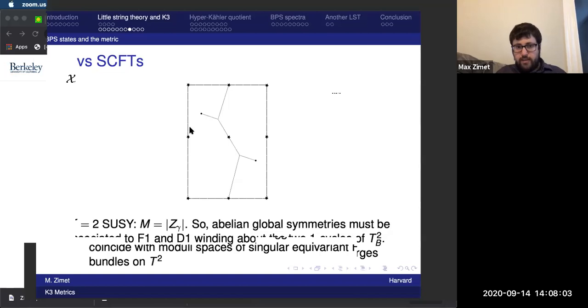But already we'll see this interesting fact where we get a whole bunch of towers of these CFT spectra, because I can end on this singular fiber, and I can wind around some number of times before ending. And so you get a whole infinite tower of copies of these CFT BPS spectra, which are subspectra of the little string theory spectra.